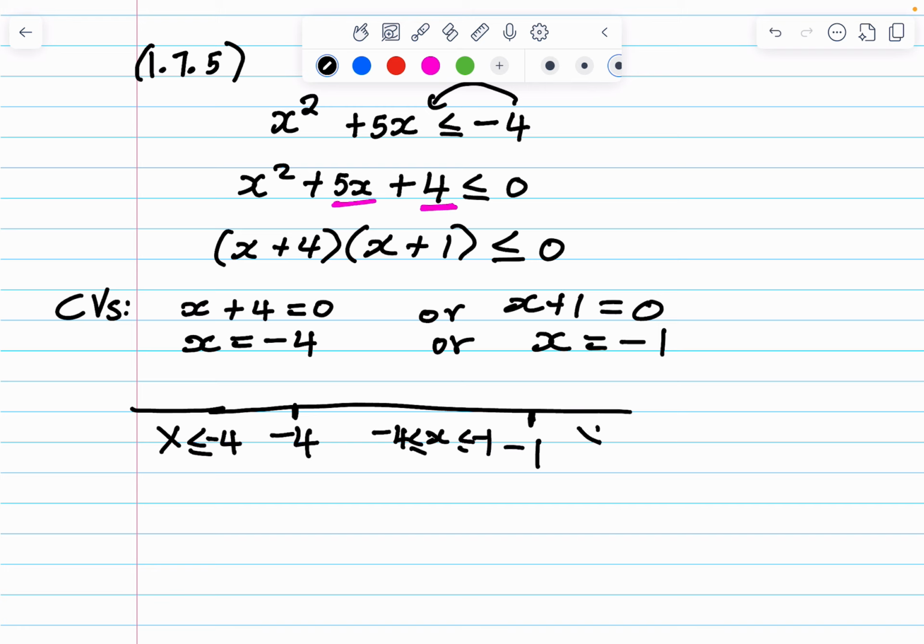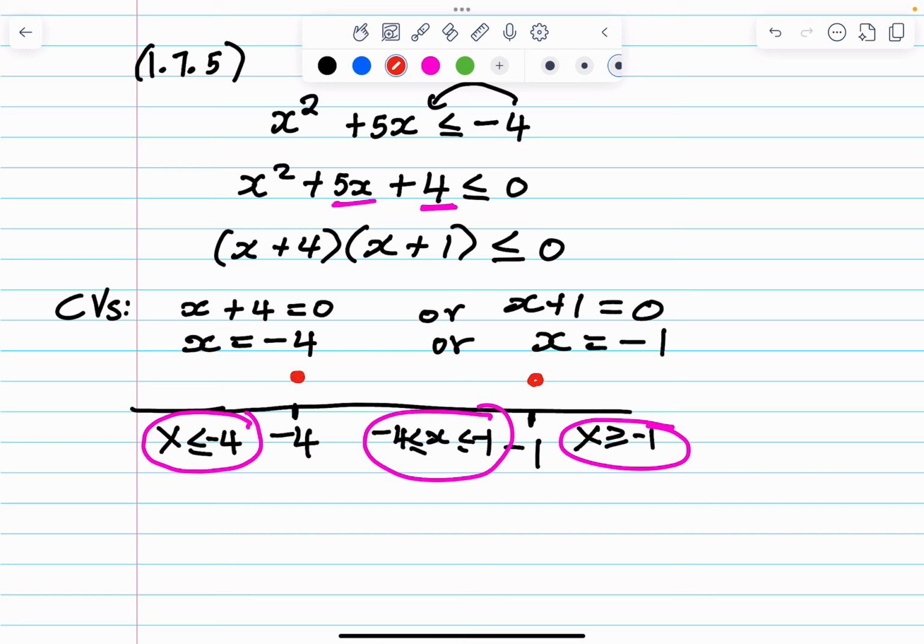And then the region here will be all the numbers that are bigger or equals to minus 1. So our answers are either going to be this, that, or that. We need to test. Okay, let's test. And I know that I'm going to have shaded dots here because the inequality is including.